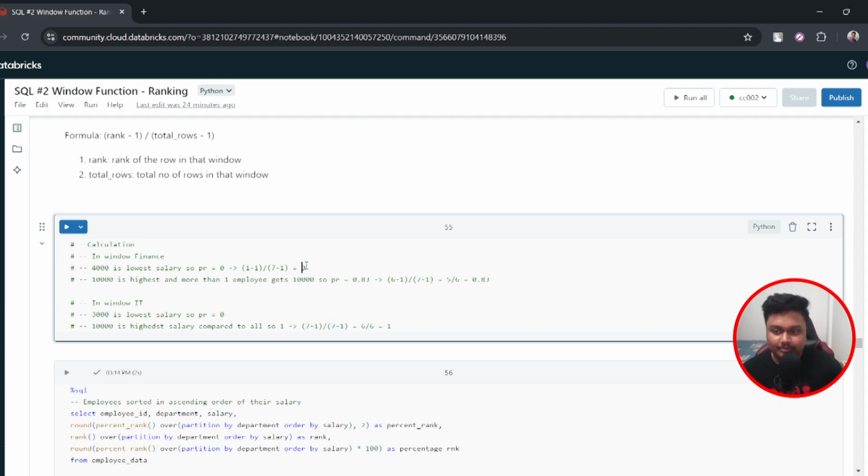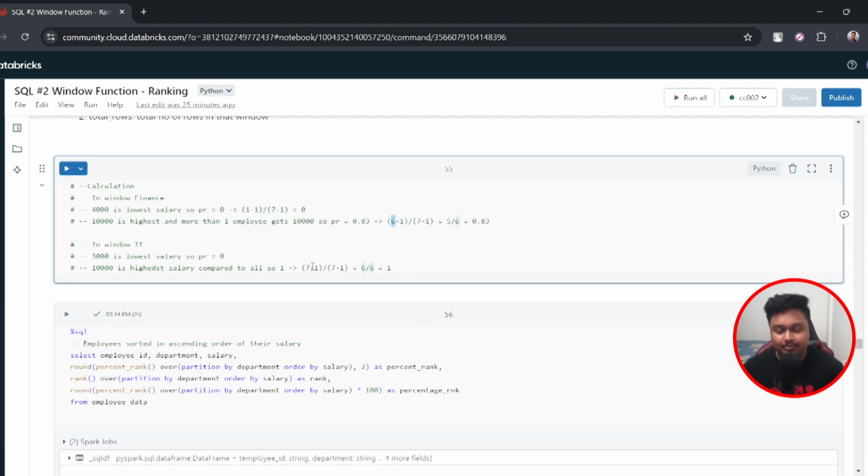Now what does this 0 mean? That there is no salary lower than this. And similarly, if there is a salary, let's say 10,000, which is the highest among all, and more than one employee also gets this salary, then based on the formula, its rank, suppose it is 6. So (6 minus 1) divided by (7 minus 1) gives us 5 divided by 6 equal to 0.83.